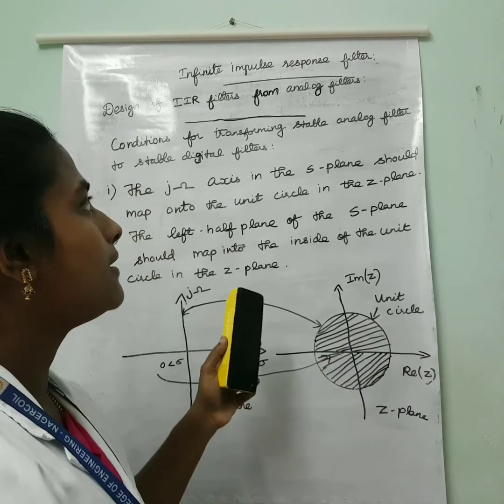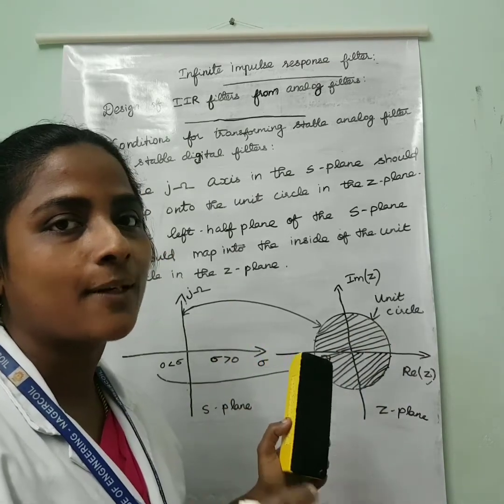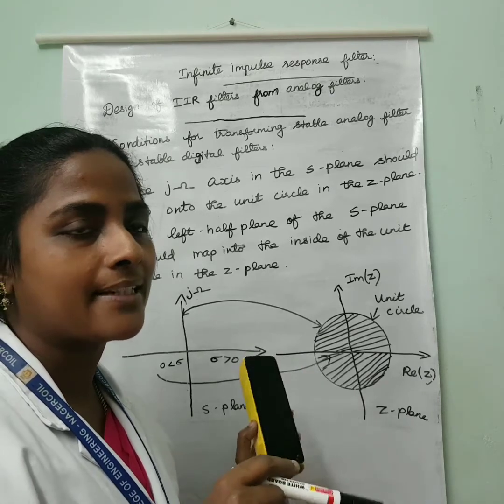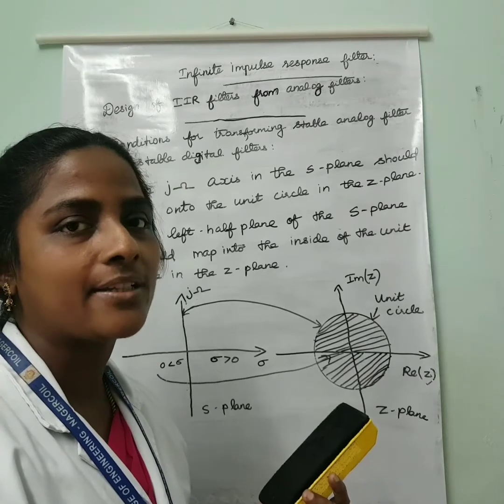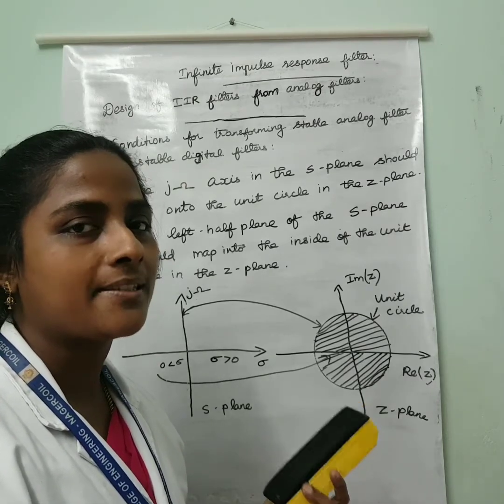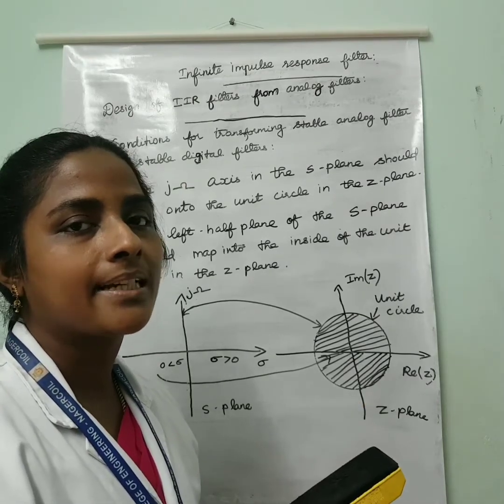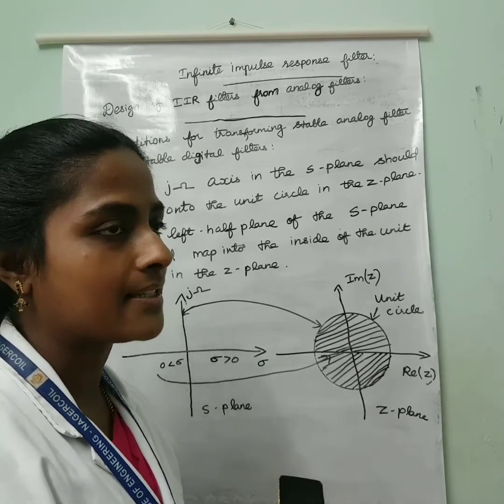For designing IIR filters from analog filters we have three methods. The first one is the approximation of derivatives, the second one is the impulse invariant method, the third method is the bilinear transformation.